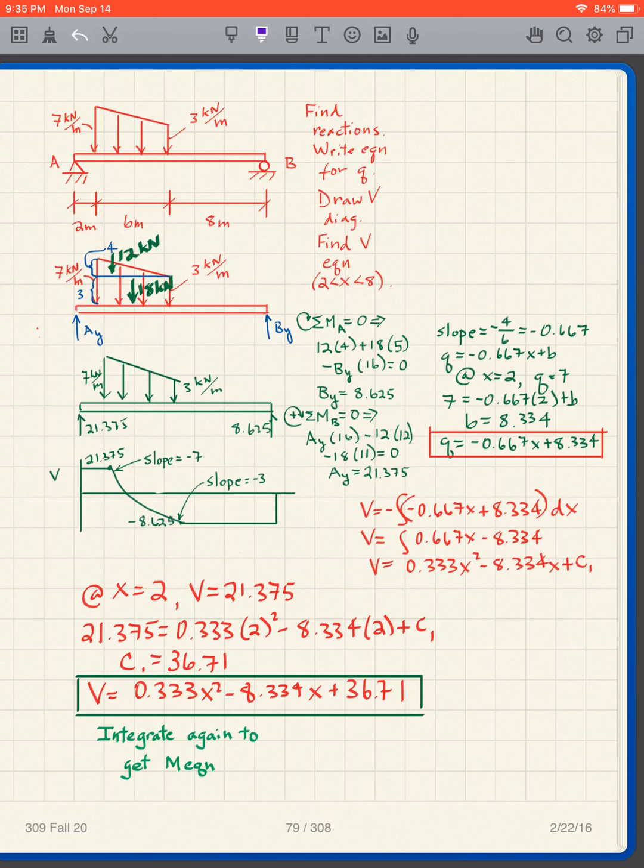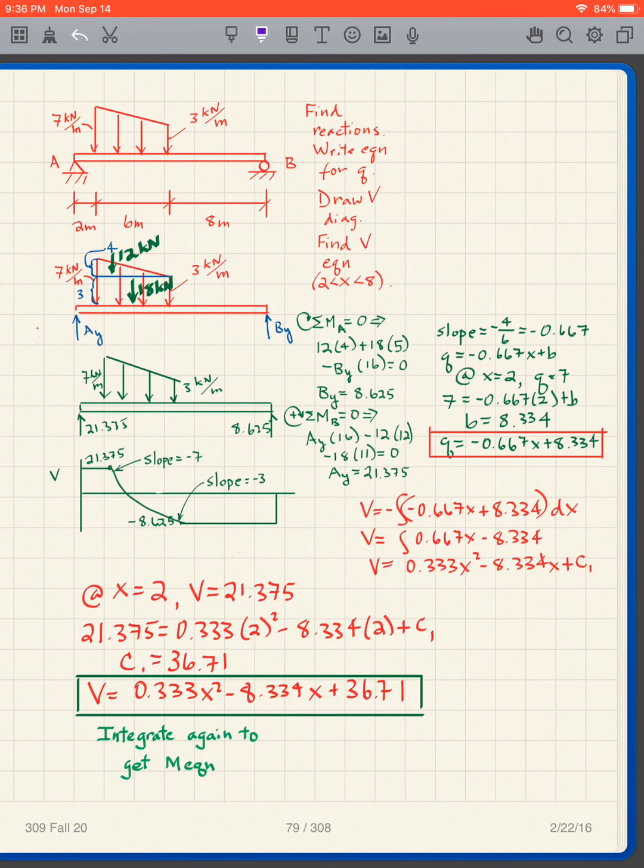And so I do that: up, over, straight across, up. So I now have my shear diagram.